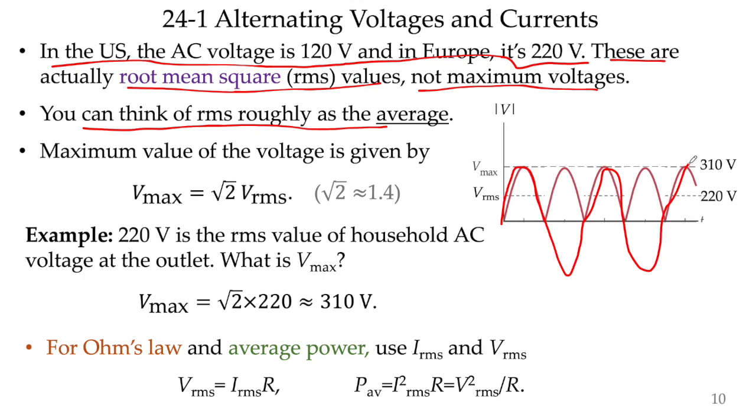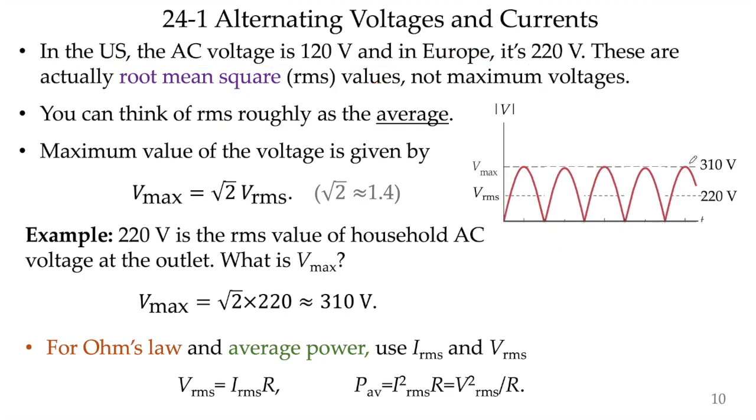It will consume the same power regardless of the direction of the current. So instead of looking at the voltage with positive and negative, I should look at the absolute value of the voltage, okay? So this is what's actually relevant.